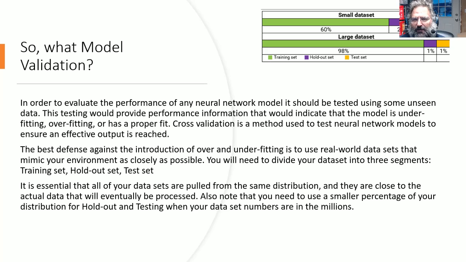Because that's kind of defeating the purpose. The purpose of doing this testing is to determine the generality of your model, of how well it does on things that it has not seen before. And that's an essential part of all machine learning, and in particular neural networks.